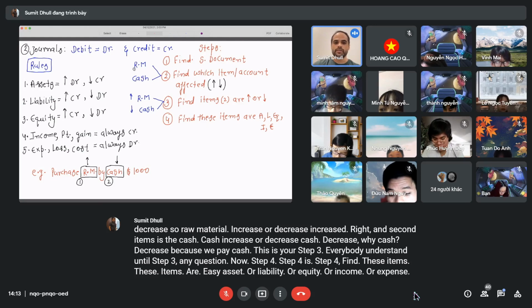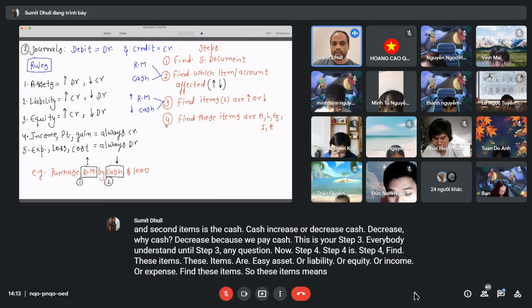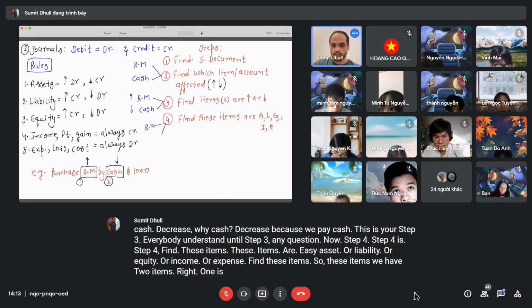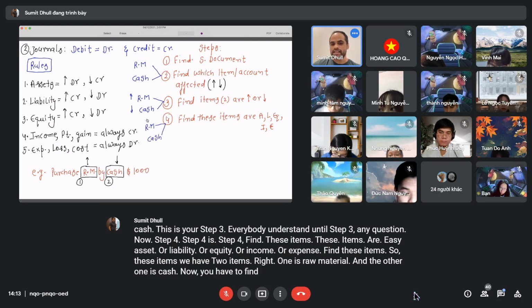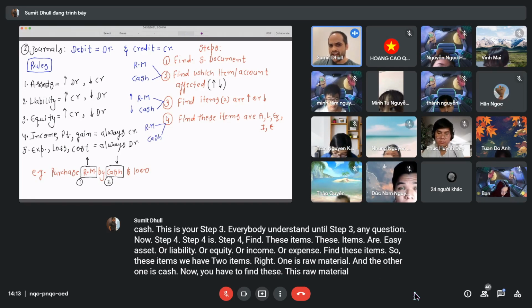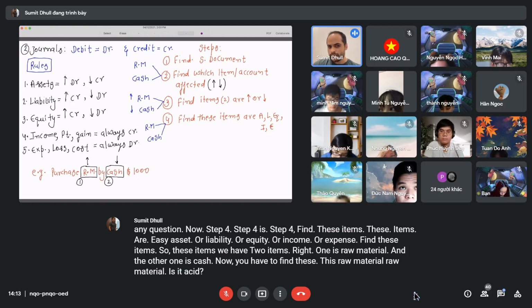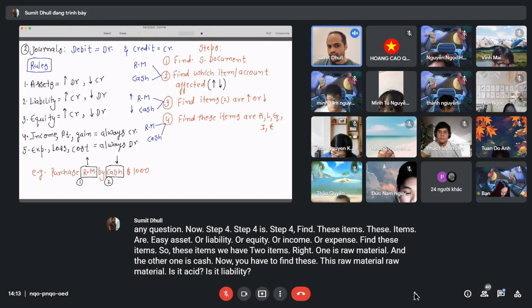Find these items. So these items means we have two items, right? One is raw material and the other one is cash. Now you have to find this. Raw material, is it asset? Is it liability? Is it equity? Is it income? Or is it expense? What do you think?